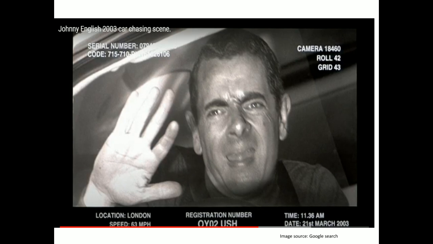You can see the registration number is displayed with the help of the detectors and the character recognition elements. So it identifies the characters from the license plate and displays them, and it also displays the time and date. This is an example of a road transport monitoring system. I have taken this image from a Google search.